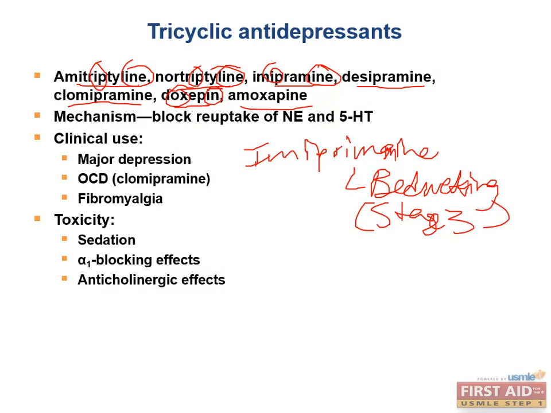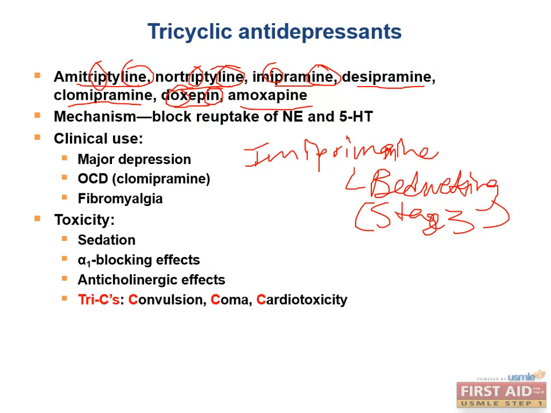Now the third generation TCAs like amitriptyline have worse anticholinergic effects than the second generation ones such as nortriptyline. While anticholinergic side effects may simply show up as tachycardia or urinary retention, which may be more benign, elderly patients may actually suffer from hallucinations. So it's particularly important to use second generations for this reason.